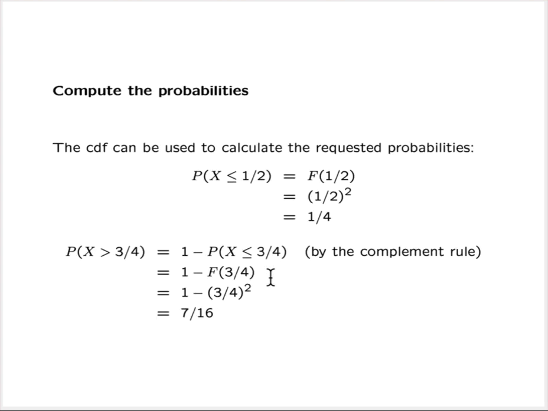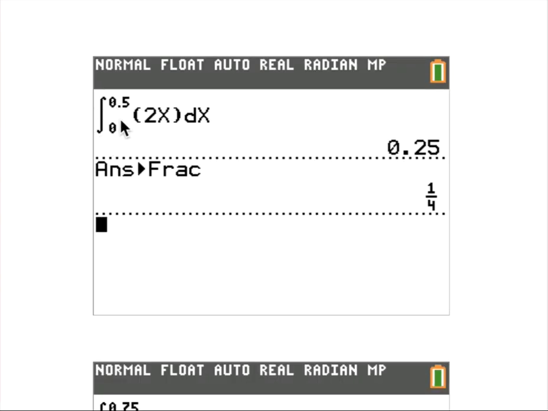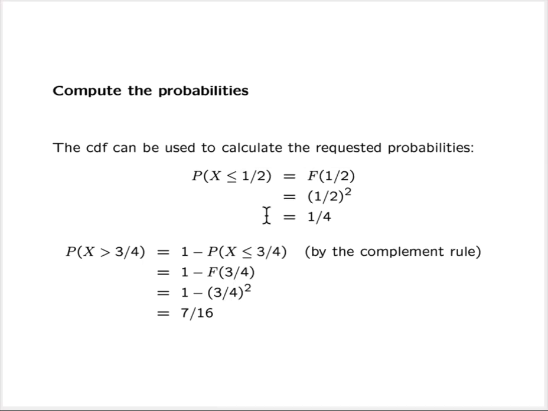This can be obtained by evaluating the integral from 0 up to 1/2. That's what I've got right here. We have to integrate the PDF, which we now know is 2 times x, for values of x between 0 and 1. We need to integrate that function between 0 and 1/2. When we do that, we get 0.25 or 1/4, which is exactly what we got doing it analytically.